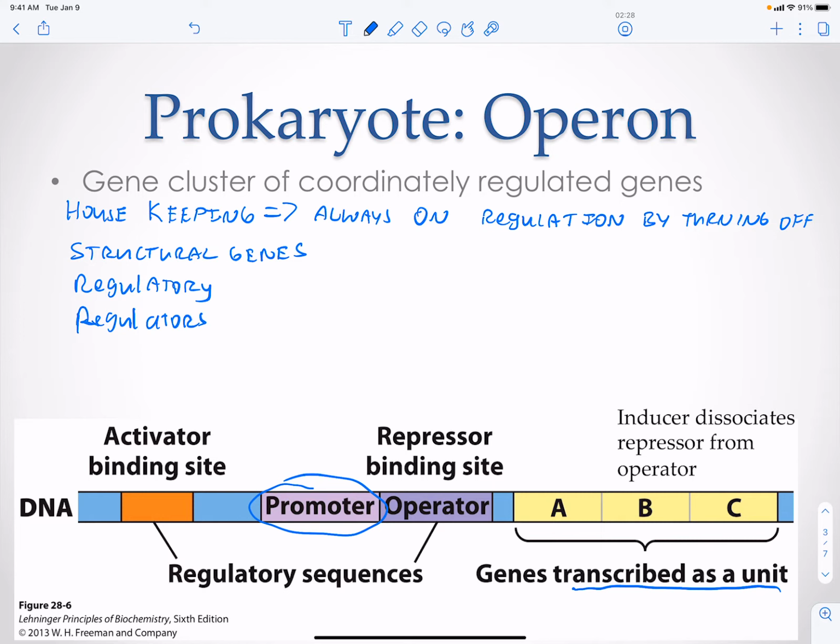And so typically what ends up happening is that you are going to have an operator site, and this operator site is going to be bound by a repressor. And this repressor turns off the gene.